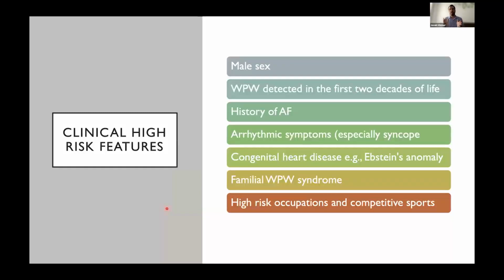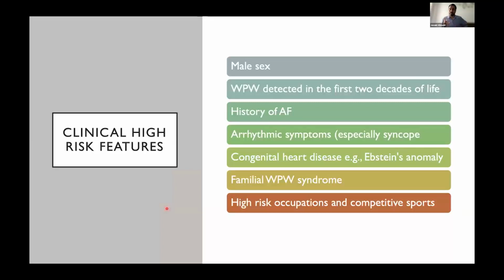So in all these studies, what are the clinical high risk features that were found to be associated with sudden cardiac death? Male sex, WPW detected in the initial 2 decades of life, patients who have a history of AF, or patients who have syncope. So they will not be essentially asymptomatic, but sometimes with syncope you won't be sure whether it is related to this pre-excitation, or is just a vasovagal type of event.